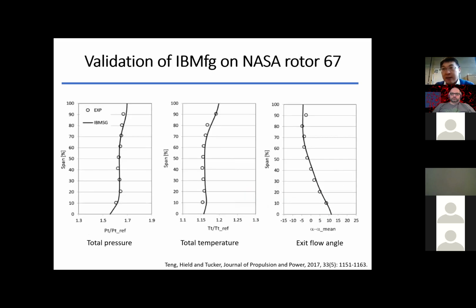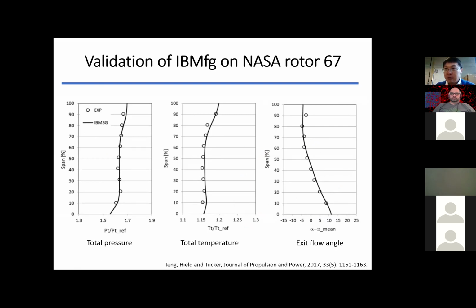We validate this method on a different rotor because there are detailed measurements in that stage, which is the NASA rotor. We compare the total pressure, total temperature, and the flow angles at the exit of the rotor. The rotor is modeled using the filter geometry IBM method, and we can see it has a fairly good match with the experimental results using these low order methods.